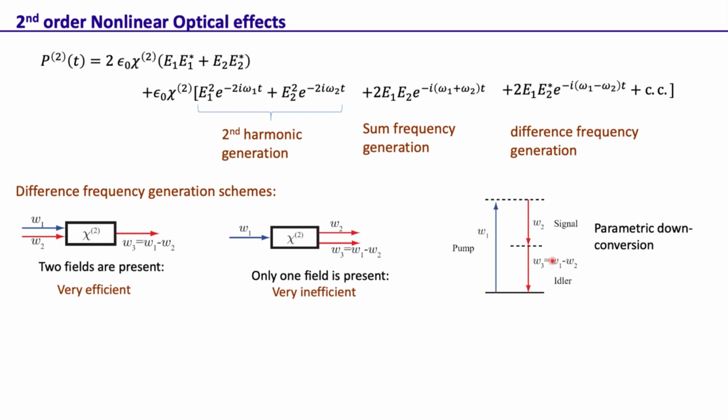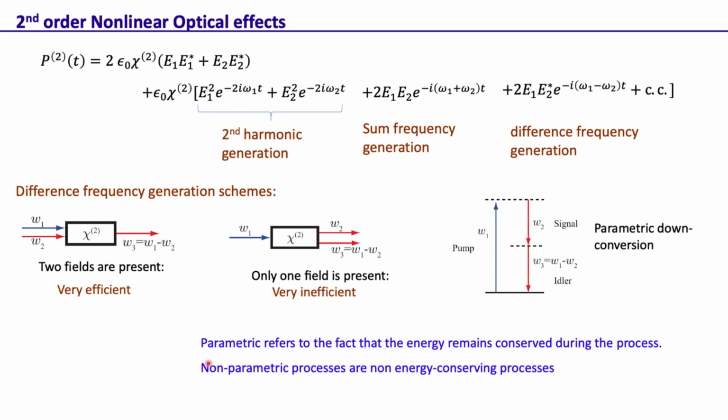So although it is as simple as this difference frequency generation, what we have here is that a medium absorbs one photon and emits two different photons at frequency omega 2 and omega 3, and they have a relation like this. So parametric refers to the fact that the energy remains conserved during the process.